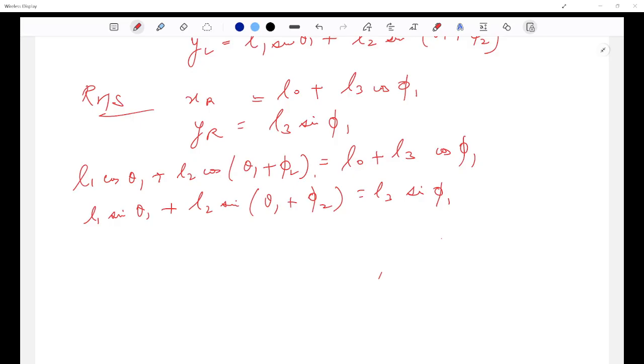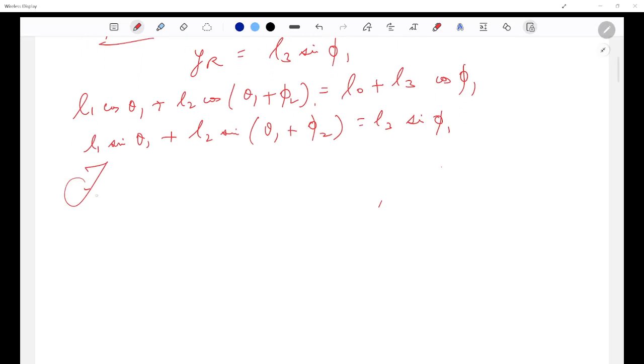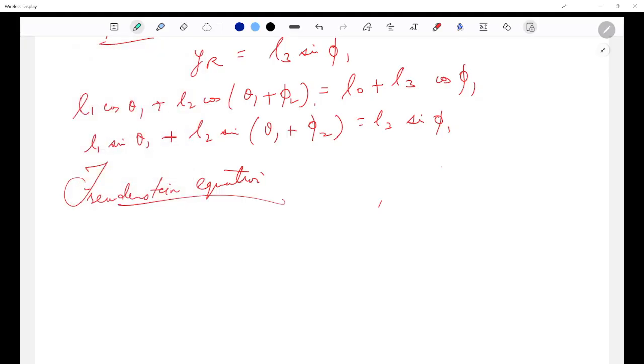I'll write the equation directly, and it's called the Freudenstein equation. What does it say? It says square and add.